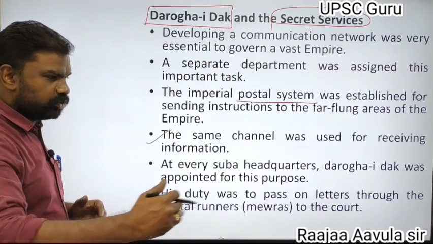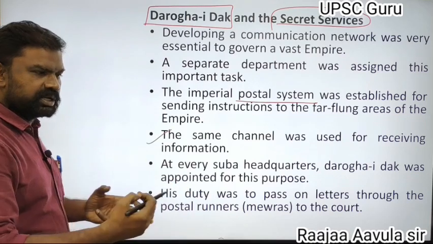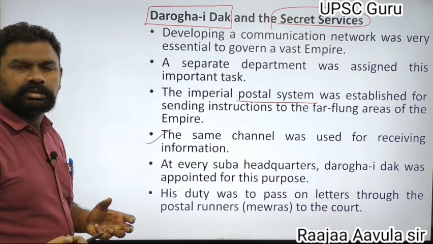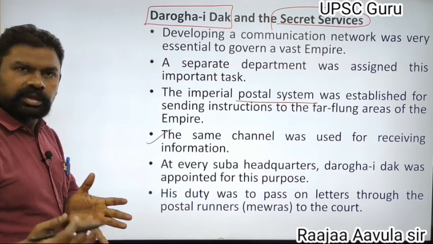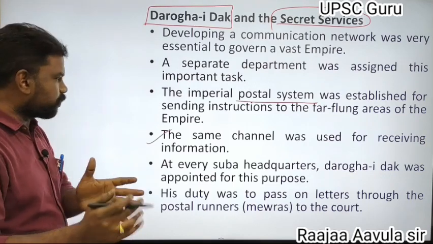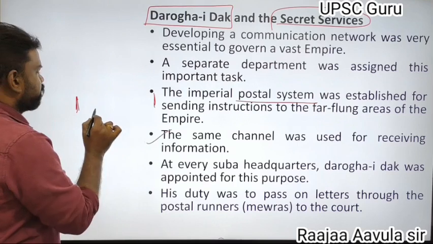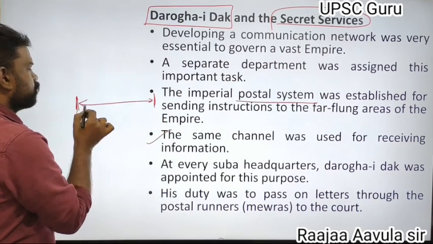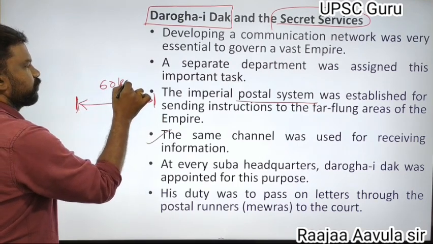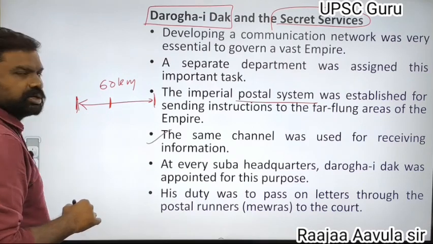After every 30 to 40 kilometers, one person would take the information and give it onward. Suppose here is one area, and here is another area. The distance between these two is, suppose, 60 kilometers. This is a meeting point.